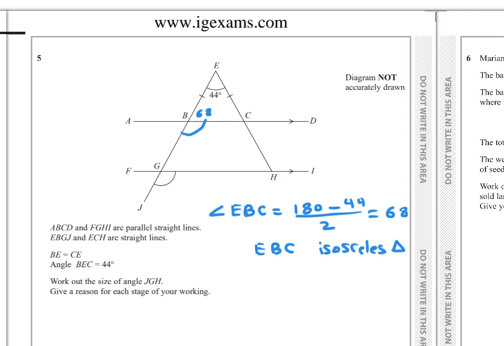Now angle EBC equals 68, we can find angle GBC. Angle GBC equals 180 minus 68 equals 112. So this angle is 112, because GBE is a straight line.